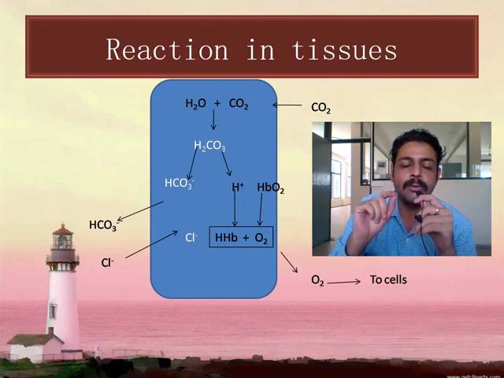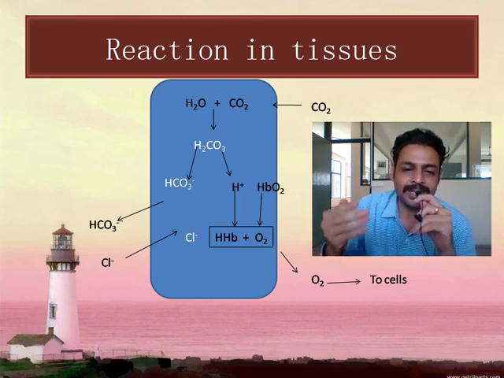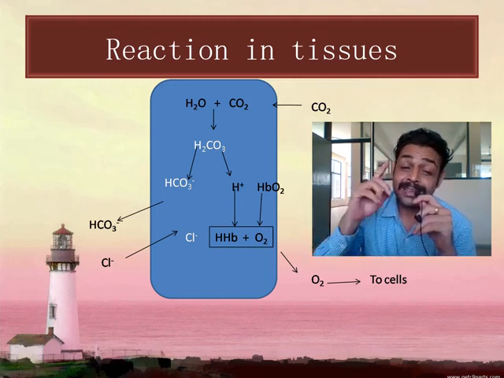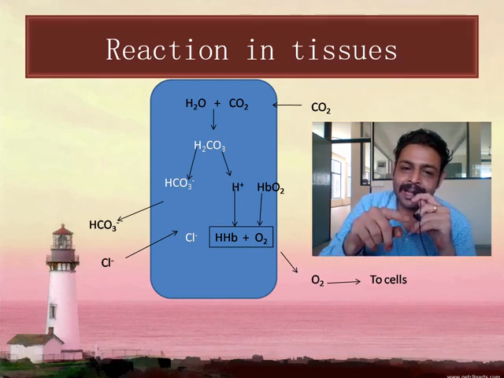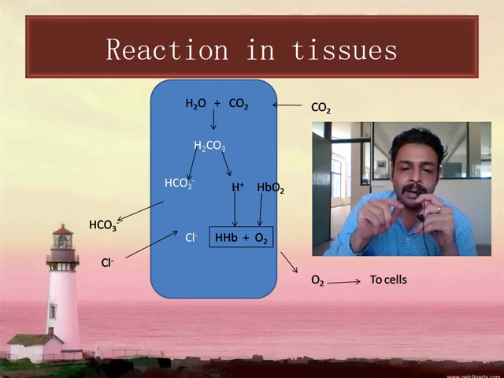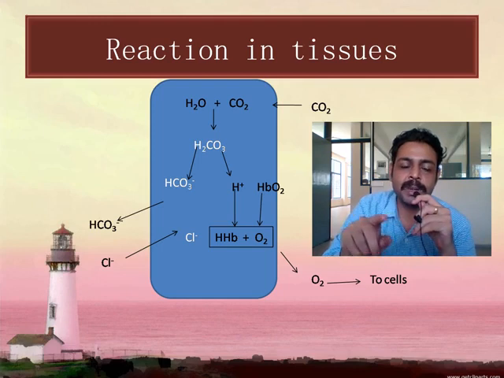Now the hemoglobin attaches to the hydrogen ions, and the oxygen is released. Oxygen enters into the tissue. That is the function of RBC, to transport oxygen. How? This is the Bohr effect. When the acidity increases, oxygen delivery will be faster. So H plus ions displace oxygen from the hemoglobin, so it becomes HHb plus O2.